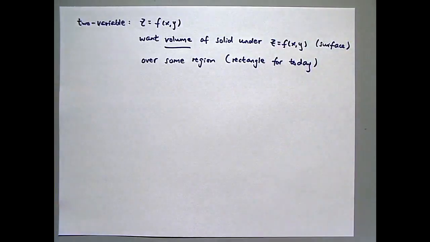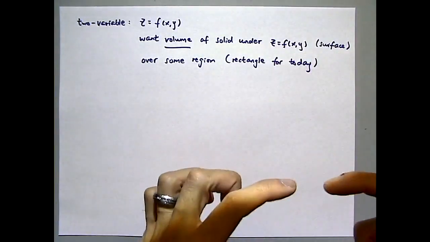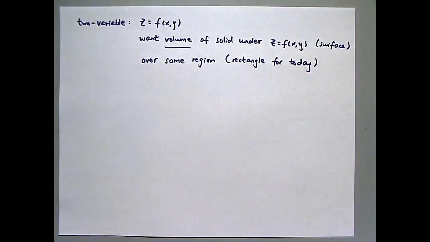And for today, we're just going to consider the volume of that solid under this surface over a rectangle. We're going to make it very, very simple. Eventually, we'll look at what happens when we're over some general region, maybe an ellipse, maybe a circle, maybe something that's just very, very general. But for now, we're going to make it very, very simple.